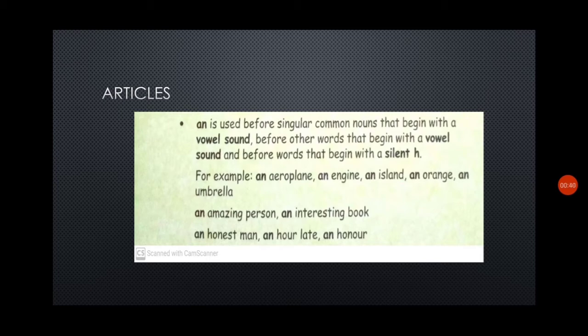Now, children, an ends with a consonant sound.